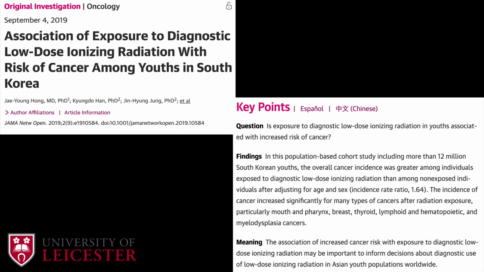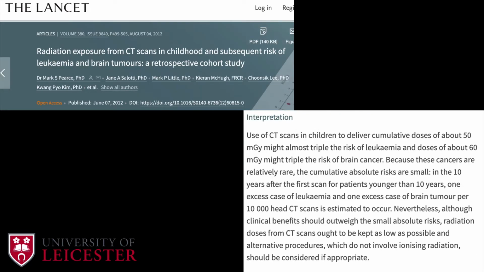There is evidence in the literature of the carcinogenesis risk, and important journals such as the Lancet have papers published on it. And again, this is a population of children.